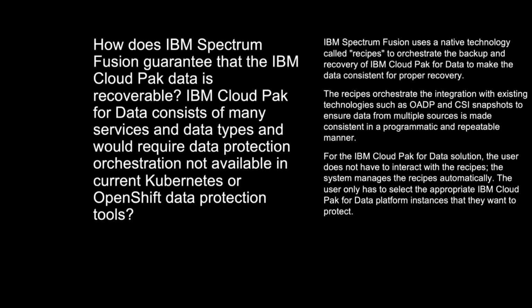Here again, we are using a native technology called recipes in Spectrum Fusion, Spectrum Protect Plus, to make this all possible, make sure that the data is consistent across these multiple data sources. These recipes integrate with the existing technology, so we will continue to use OADP and CSI snapshots. We're just orchestrating around that infrastructure.